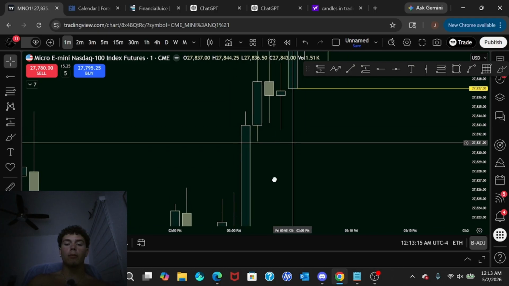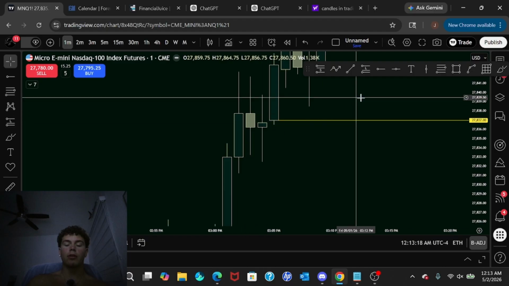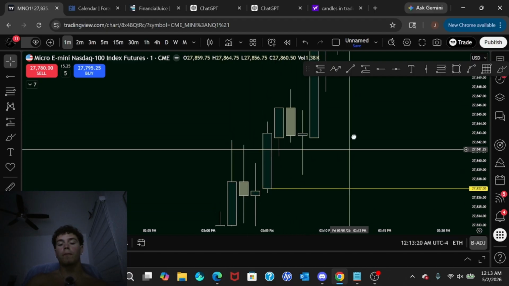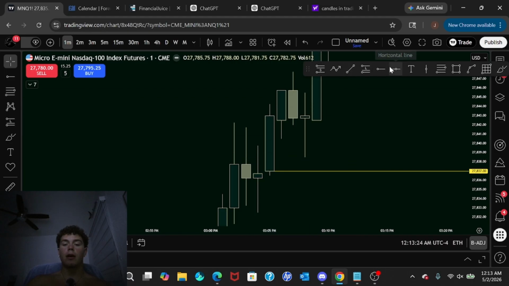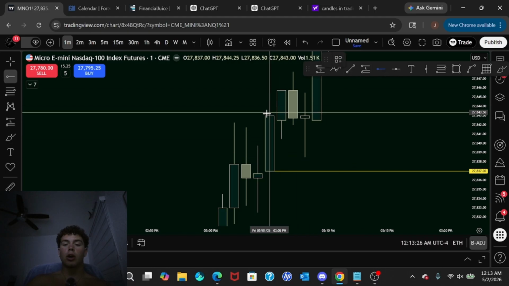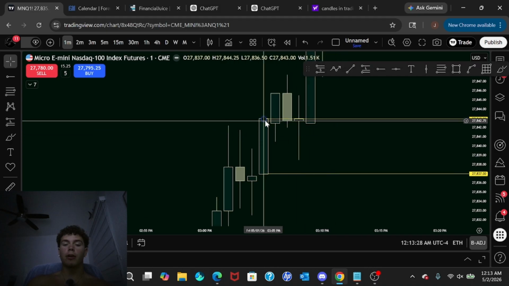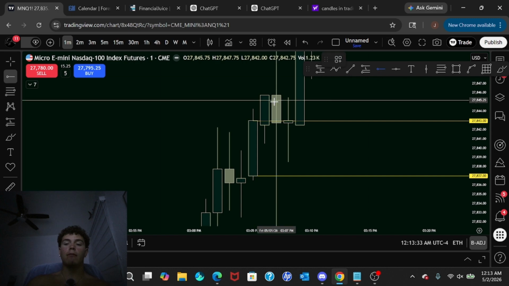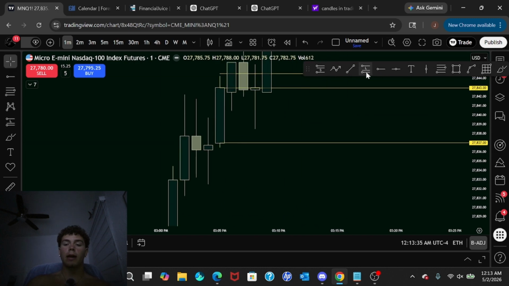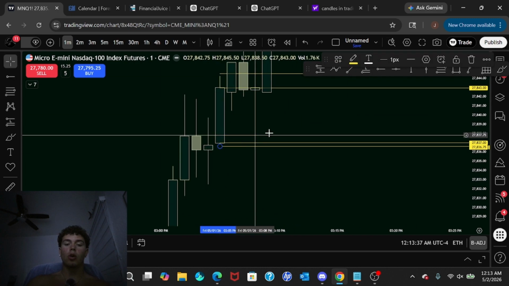The hollow ones are bullish and the bearish ones are the solid ones. So price opened here for this candle. Then price closed here on this candle. And then we have the upper wick and the lower wick.